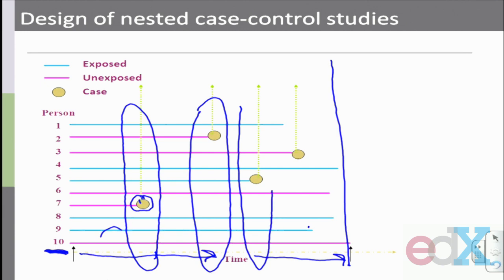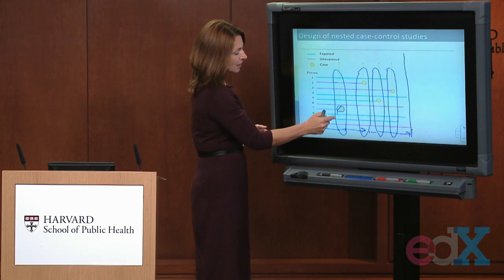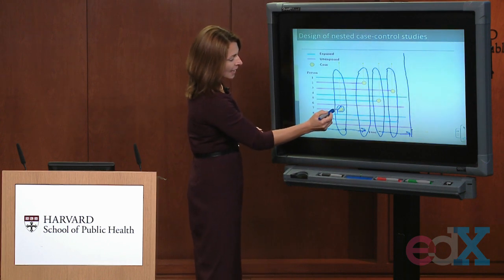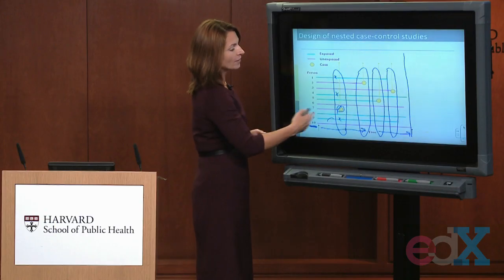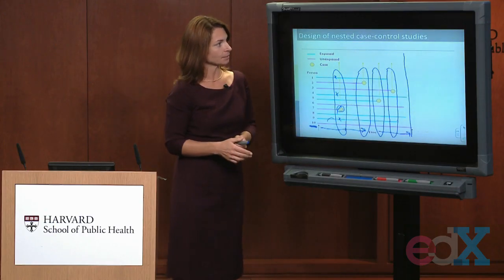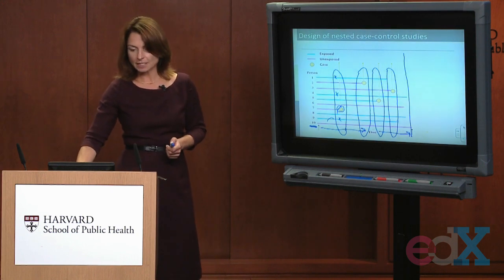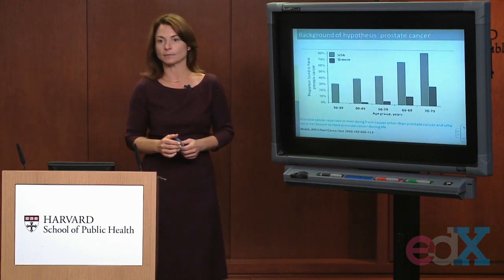And those controls are going to give us information about the exposures if we had really followed the whole cohort study and knew what happened to the cohort. So we're sampling from this window. So for example, for this case, we can sample any of these individuals randomly. And that gives us information about the prevalence of an exposure that you would have had if you had followed the whole cohort study. So that's a nested case control study.